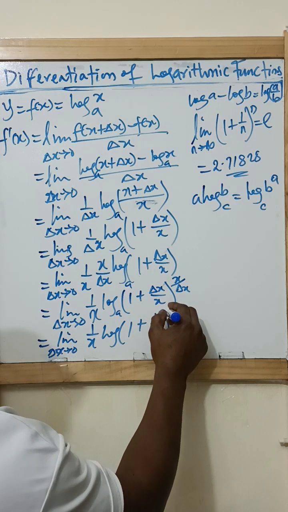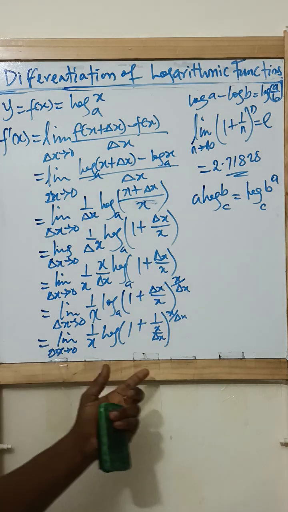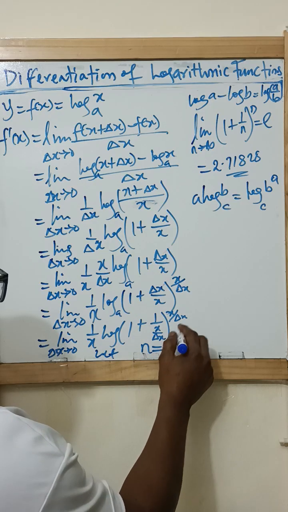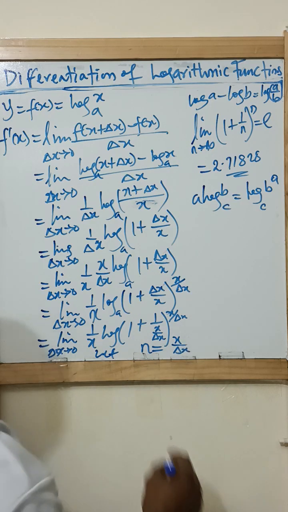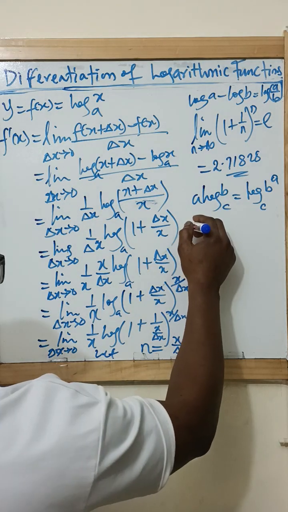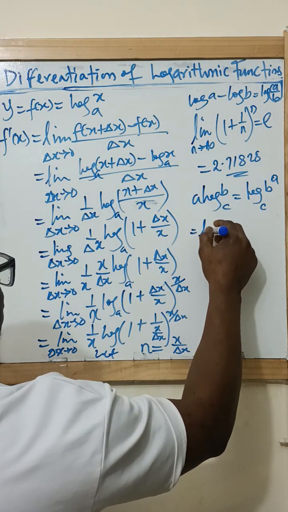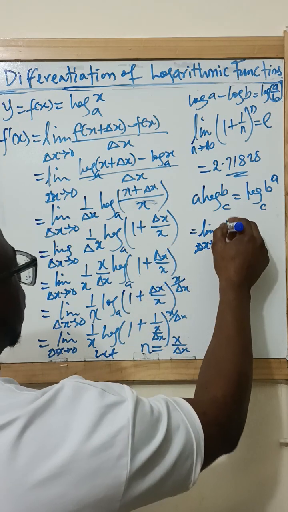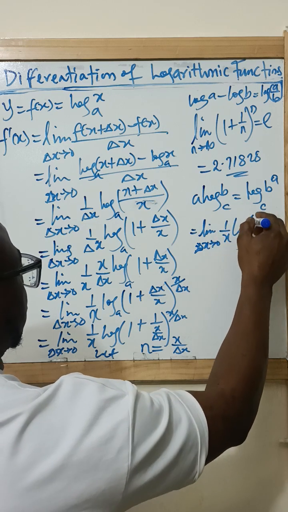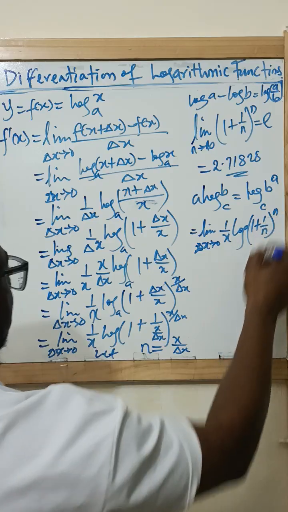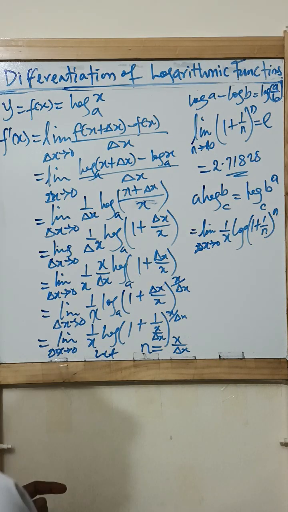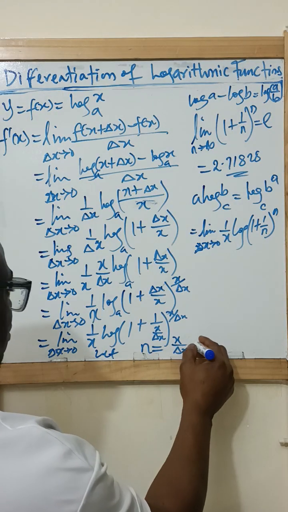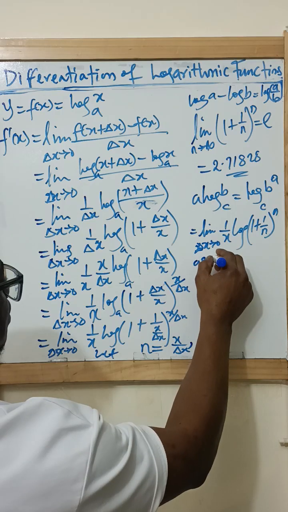So if we let n be equal to x over delta x, we can rewrite this as the limit as delta x tends to 0 of 1 all over x log of 1 plus 1 over n raised to power n, right? Now as delta x tends to 0, n tends to infinity, right?